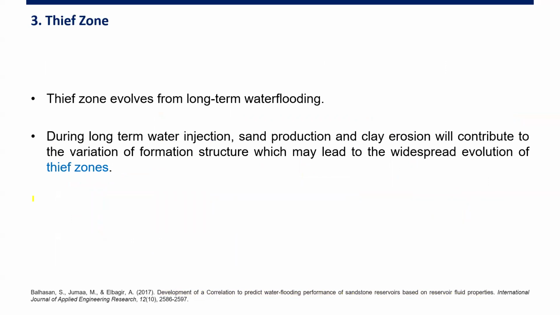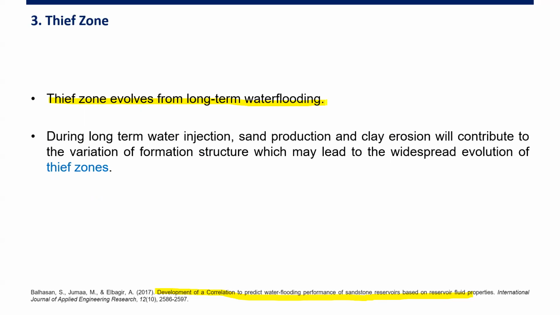All right. And the third point is about thief zone. Okay. You can read it from this paper. It's a very good paper. And let's read it together. Okay, so thief zone evolves from long-term water flooding. Okay, so it is the result of evolution from long-term water flood.